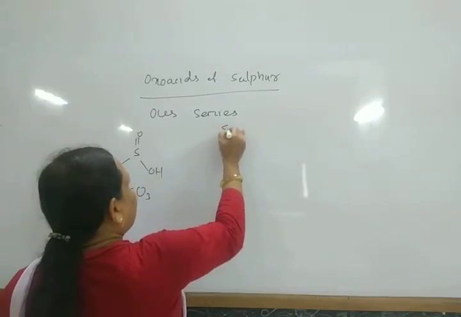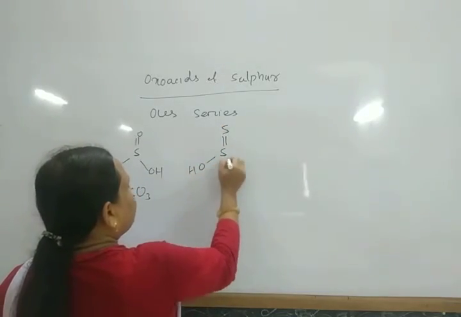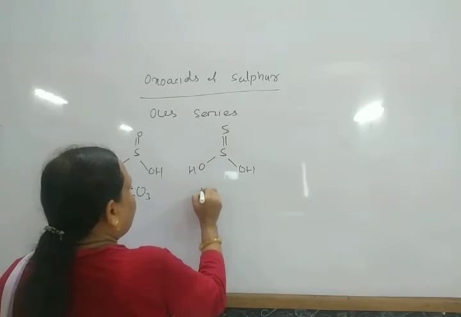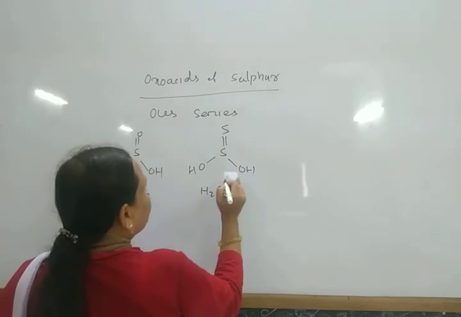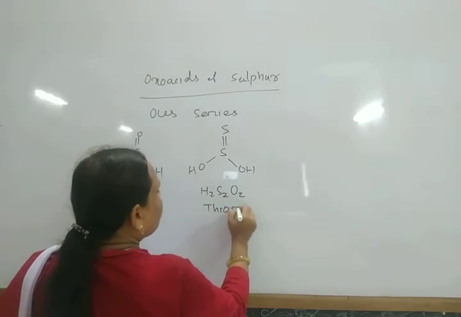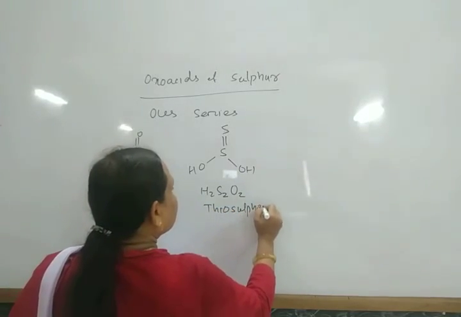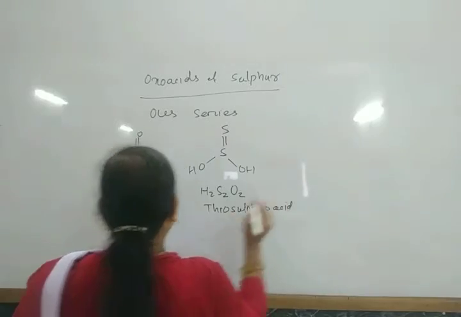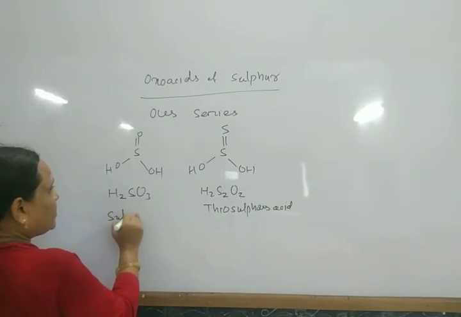Here S, OH and OH, with formula H2S2O2. This is thiosulfurous acid, and the earlier one is sulfurous acid.